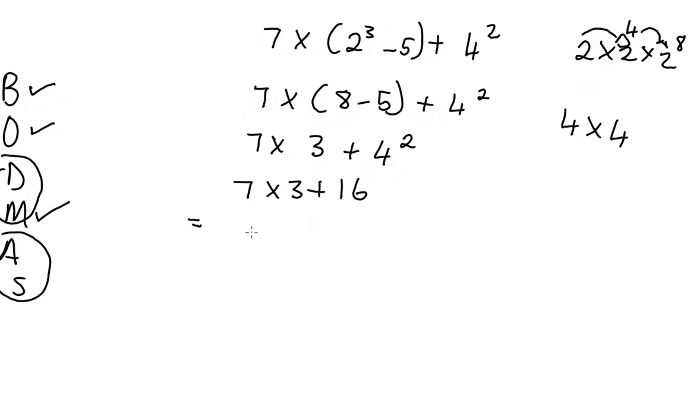So 7 multiplied by 3 will give me a total of 21 plus 16. 21 plus 16 will give me a total of 37. And this, my good people, is our final answer for our final question.